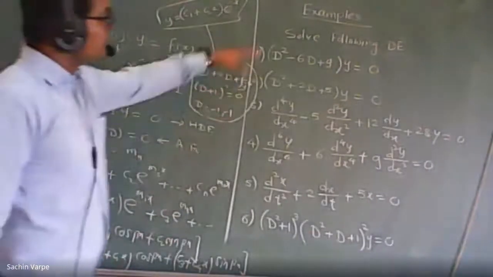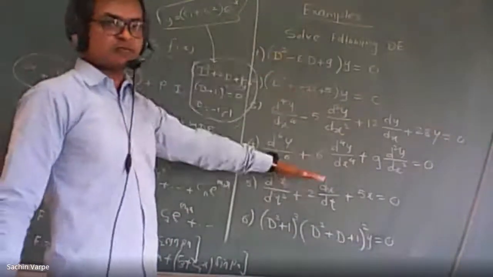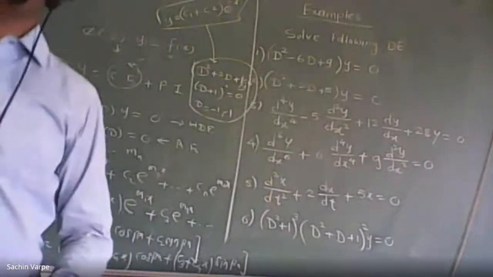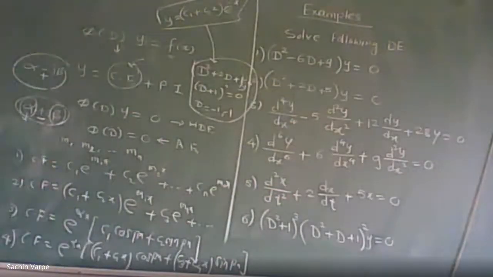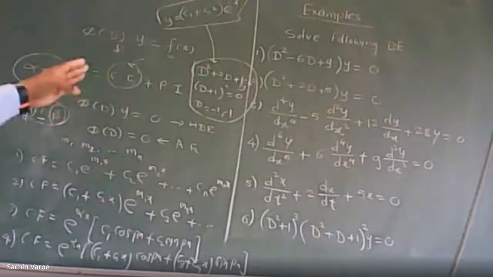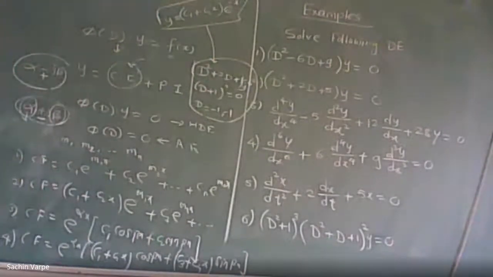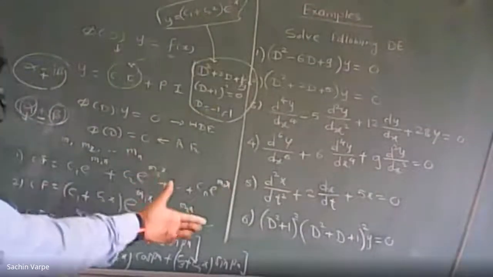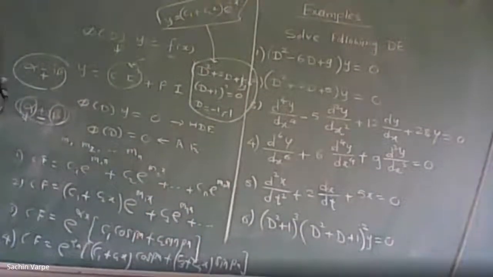I'm expecting everyone to solve these examples. I'm going to ask any one of you the roots and the formula. So please take your time. And in between, if you have a doubt while calculating the roots or while considering the nature of the roots, please ask. Sir, second question, d square plus 2d plus 5.